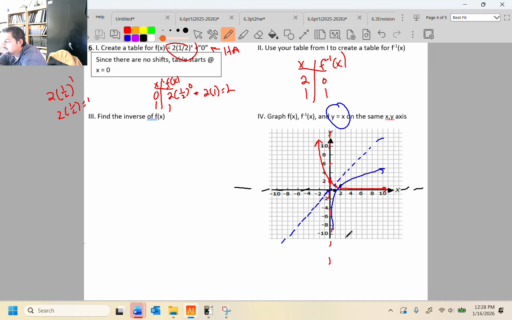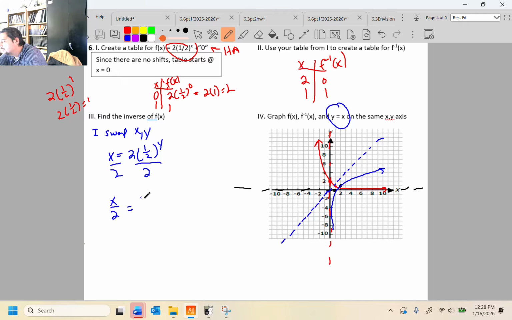Anyway, step 3 is to find the inverse of f of x. So here's the original function. Step 1 is to swap x and y. So we swap them. So f of x becomes x, and 1/2 becomes a y. Next easy thing to do is divide out 2. You'll notice I never divide by 1/2 because 1/2 is a base.